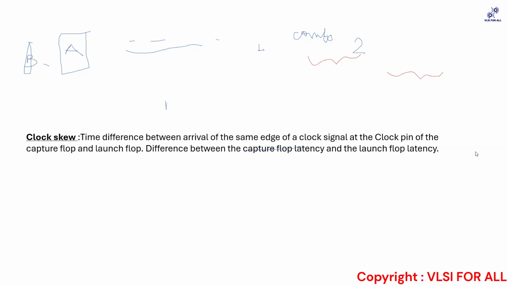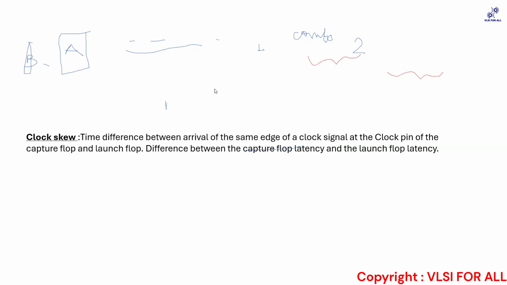Have you heard the word skew? Yes, ma'am. Can you explain what you know about skew? Skew is the difference between the arrival times of the launching clock and the capture clock, the capture clock path and your launch clock path.